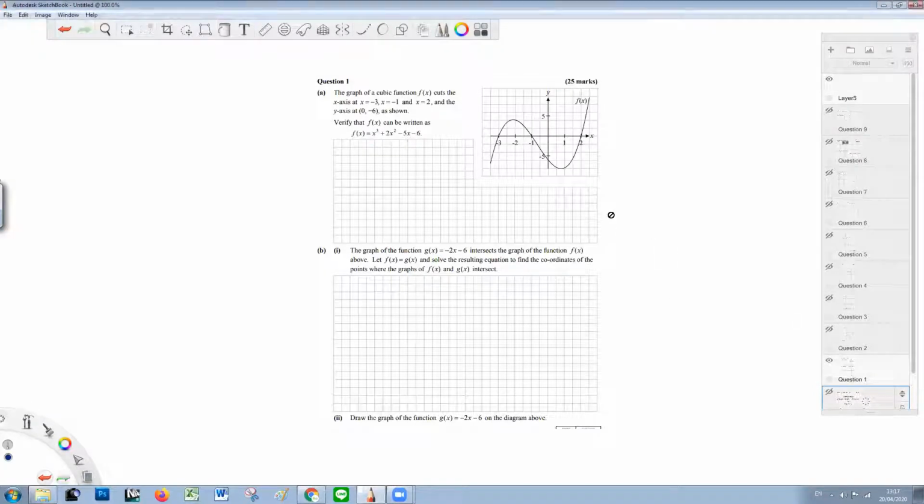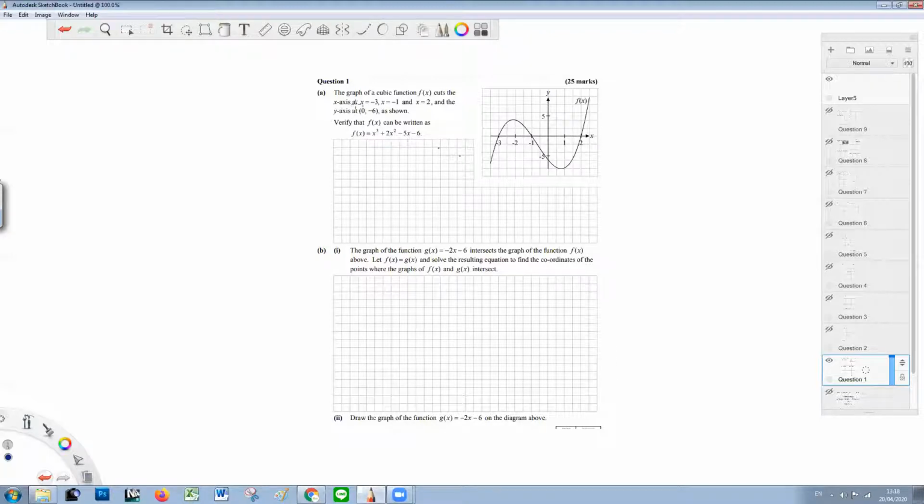So the first of these questions is we're given a graph, and we know that f of x is equal to x cubed plus 2x squared minus 5x minus 6. We can see pretty clearly from the graph that it crosses the x-axis at -3, -1, and 2, and it seems to cross the y-axis around -6.